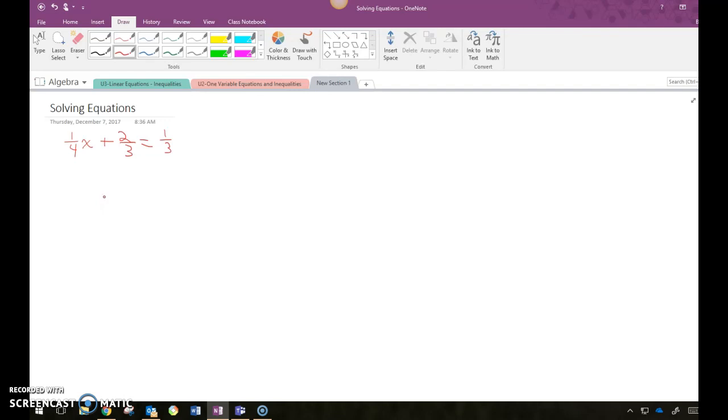How would I solve this? As I look at this, I see that I'm adding 2/3. Just like if I was doing 4x plus 2 equals 3, I would subtract 2 to solve that equation. This is no different, except we just have to deal with the fractions. So here I'm going to subtract 2/3 from both sides.